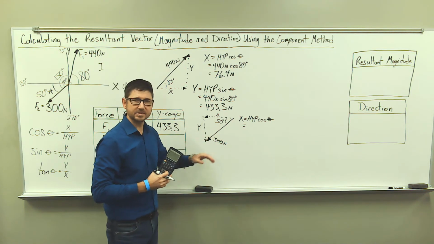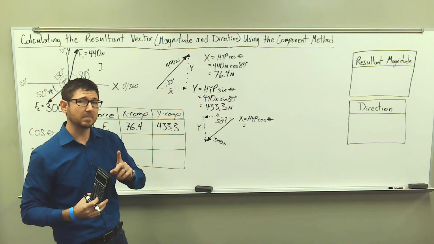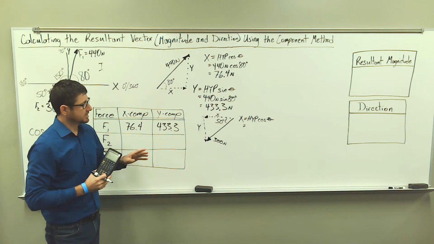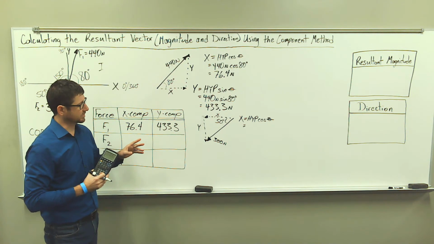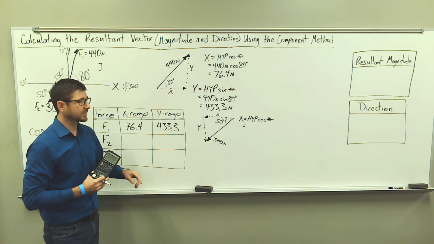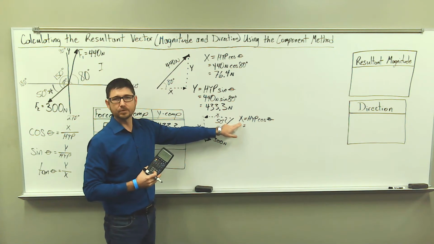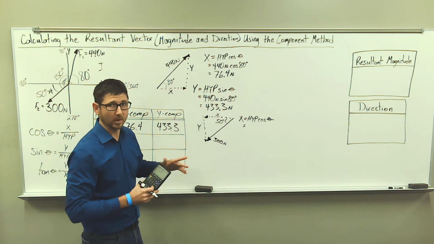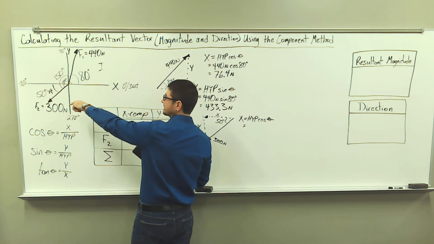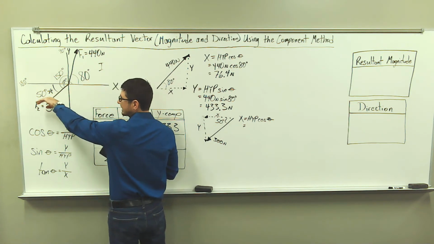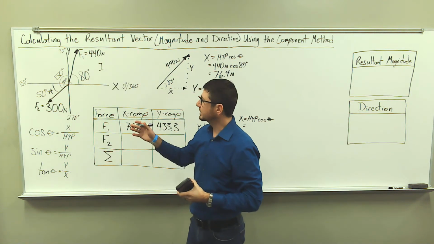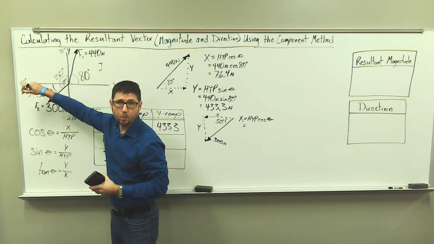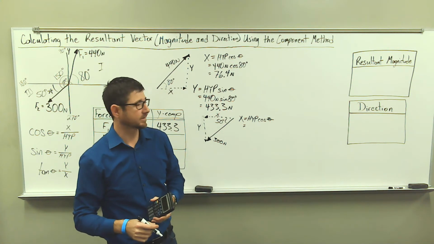We need to ask ourselves, since it's a vector, we must show both magnitude and direction. So talking about the direction, we have 300 newtons. For the x, are we moving in a positive x direction or a negative x direction? Well, looking at our illustration, we are moving in a negative x direction. And we already know that the x values in quadrant 3 are always negative.